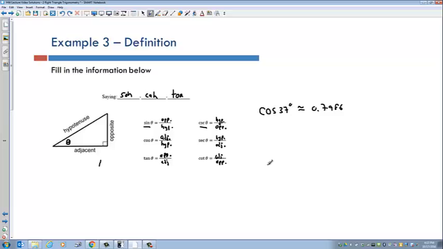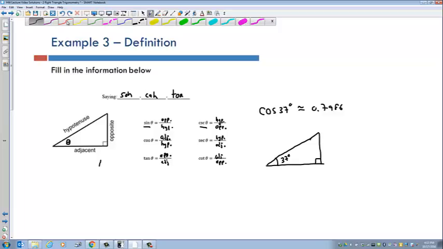So the idea is if you construct a right triangle, so this has to be 90 degrees, and this angle here happens to be 37 degrees, if you took a ruler and you measured the adjacent side, so some number, and then you divided it by the length of the hypotenuse.